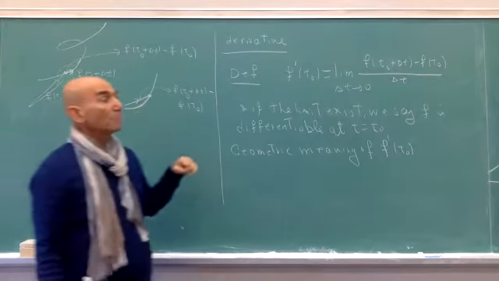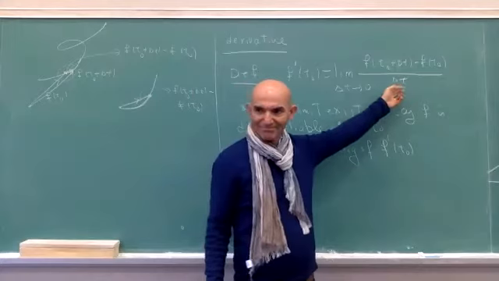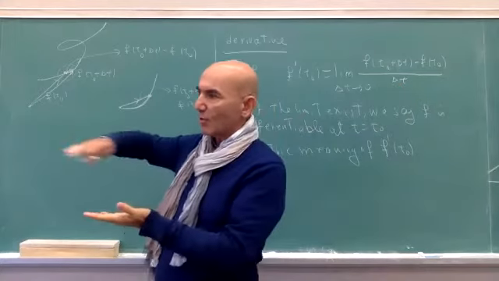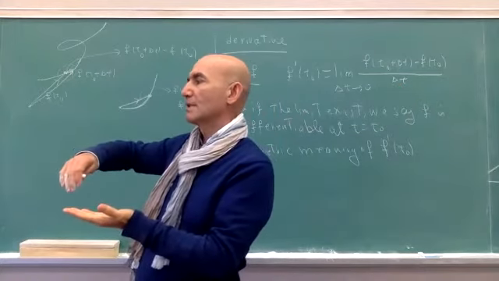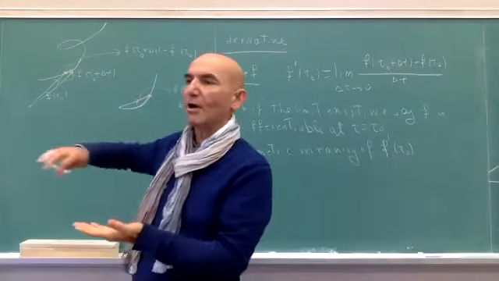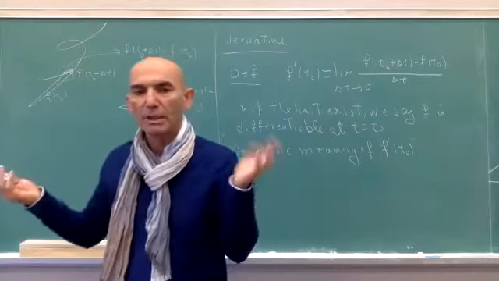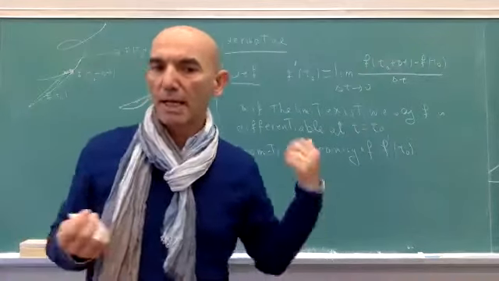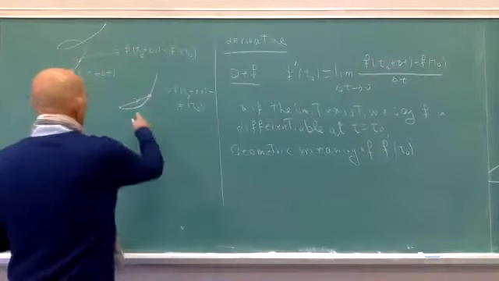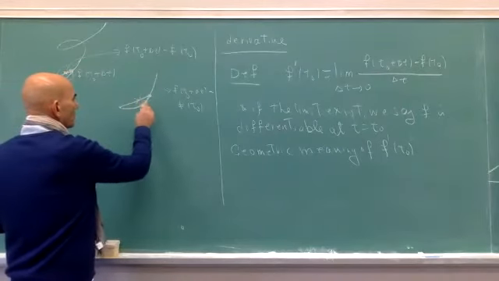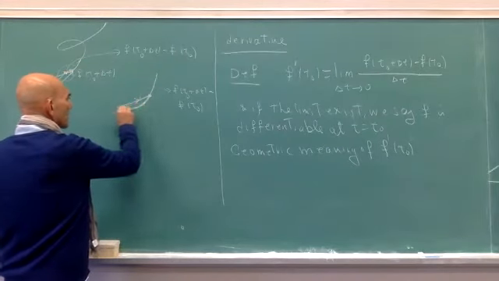However, we are dividing by delta t. So that's a small quantity divided by a small quantity, and there's a better chance for that to have a limit. If you divide small by small, maybe if you're lucky, you get something of reasonable size. And that's the definition, right?